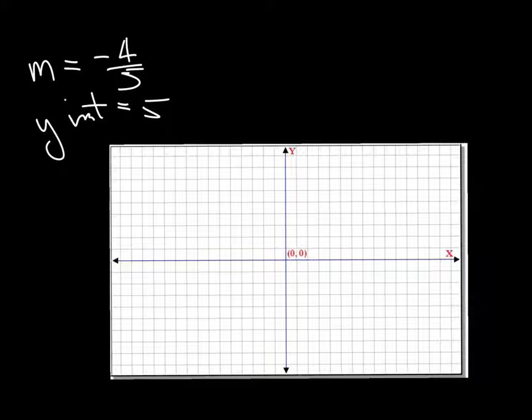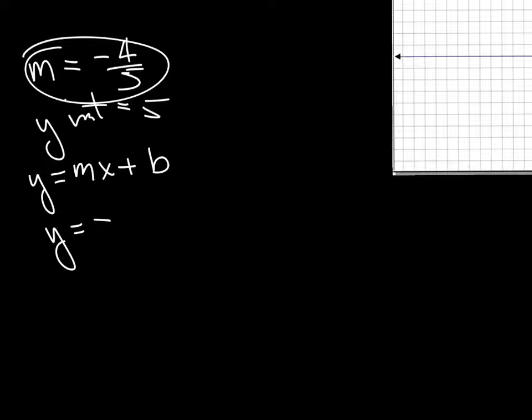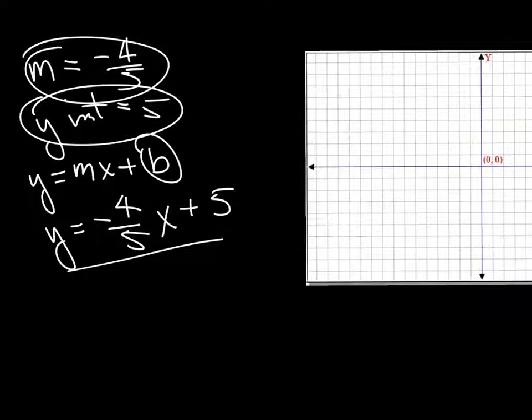Let's write the equation first, since that's what they want us to do. We want to write it in the form y equals mx plus b. We know that m equals negative 4/5, so I'm going to replace that. And the y-intercept is 5. The way they label the y-intercept is with the letter b. There's the equation of the line. That's all there is to that.